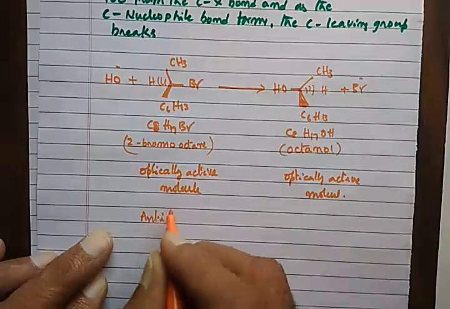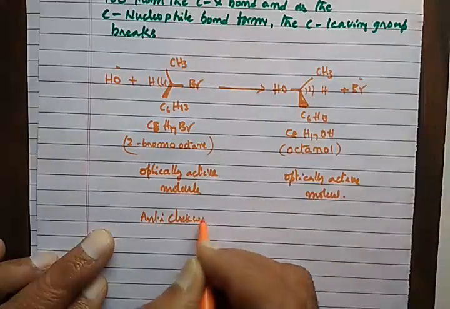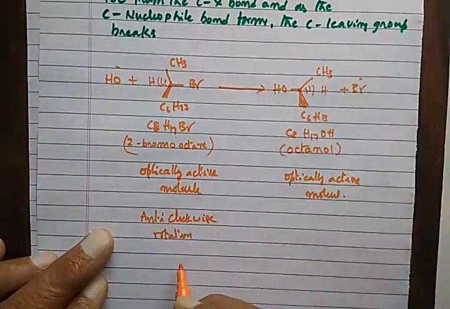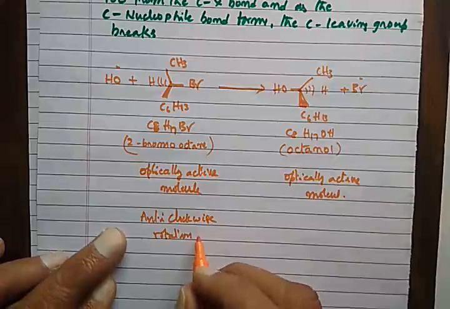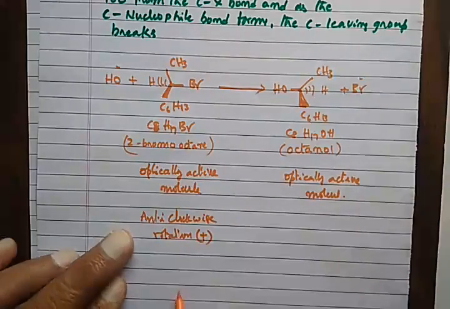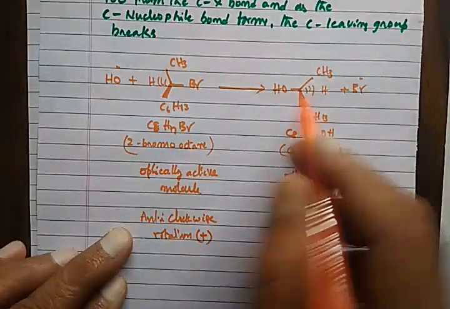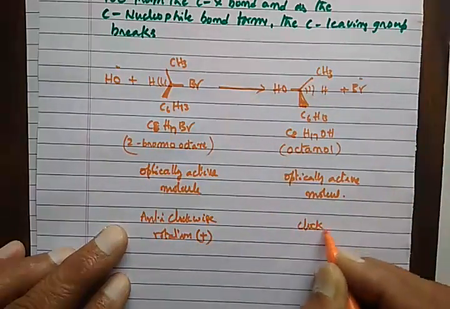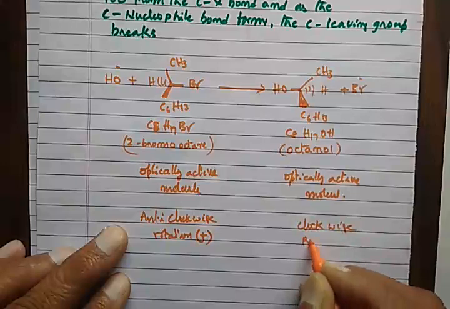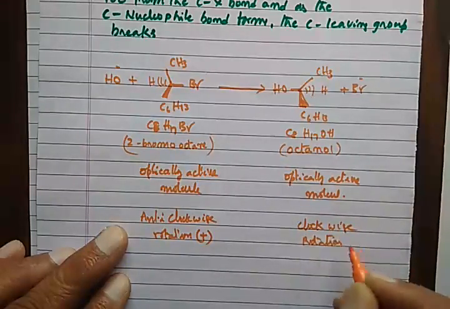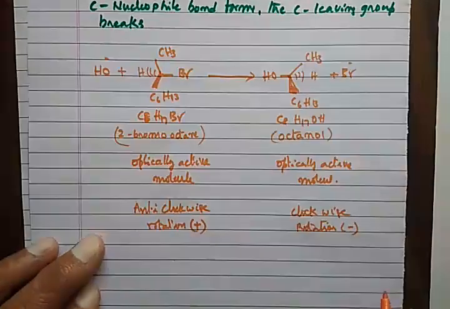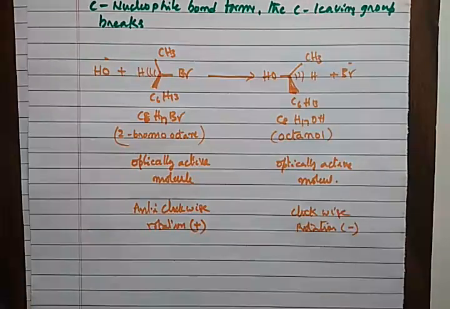When molecular inversion happens, if this is anti-clockwise rotation type, that is anti-clockwise rotation means positive, then after this chemical reaction, this will become a clockwise rotation type molecule. Clockwise rotation is minus. So imagine it does 180 degrees.